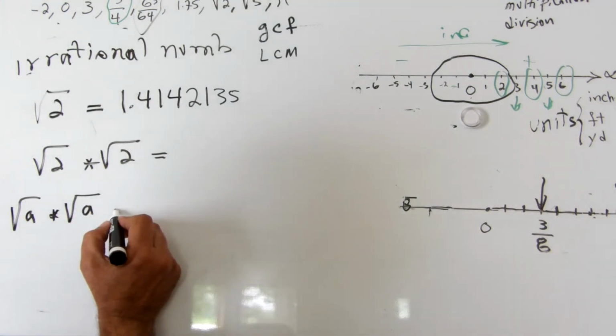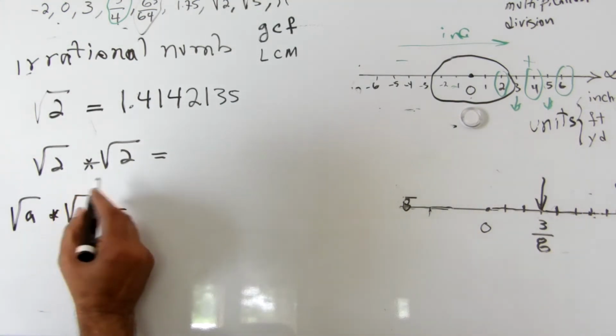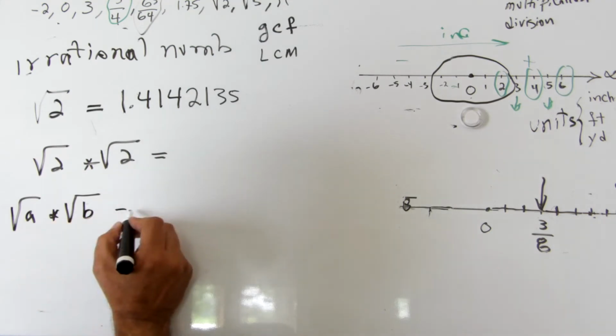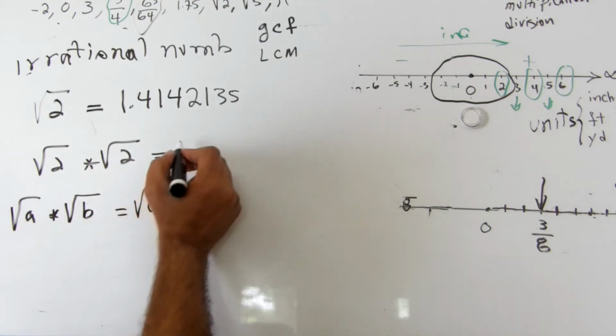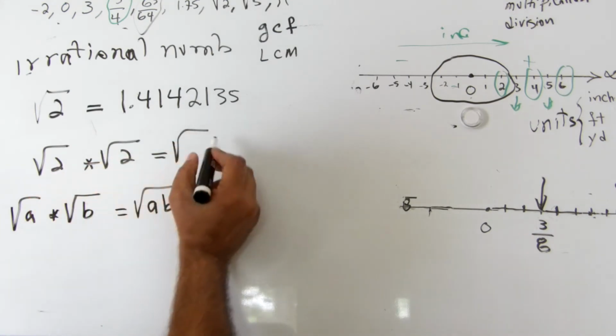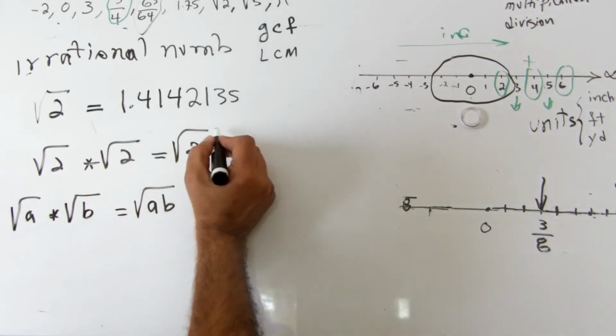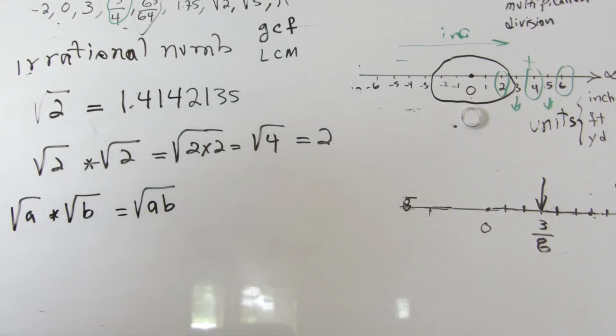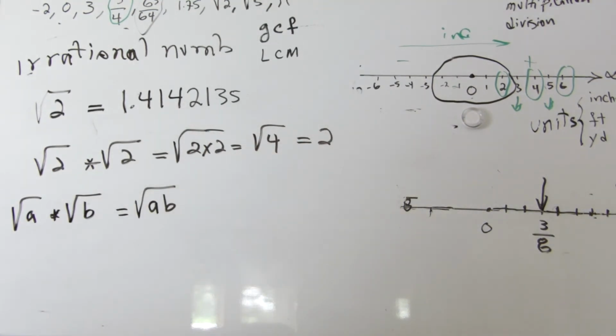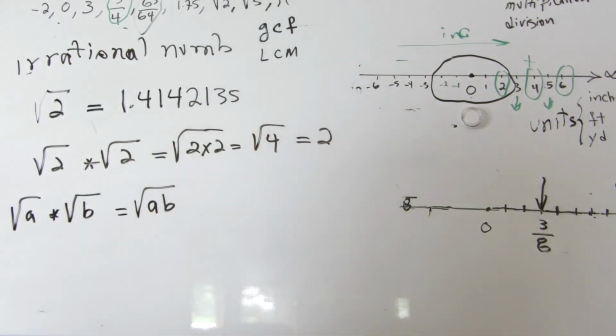I just want to let you know that the general rule is the square root of A times B. This is A and B. 2 times 2 is equal to radical 4, which is 2. Or it's plus minus 2.